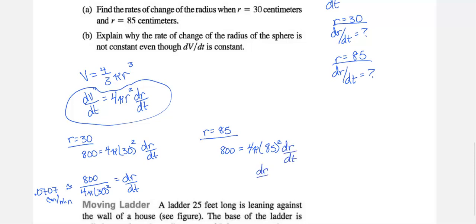Let's solve for dr over dt by dividing both sides by 4 pi times 85 squared. You can see this is going to be a smaller number because my denominator is going to be larger. And this is in centimeters per minute. So there's my rate of change.